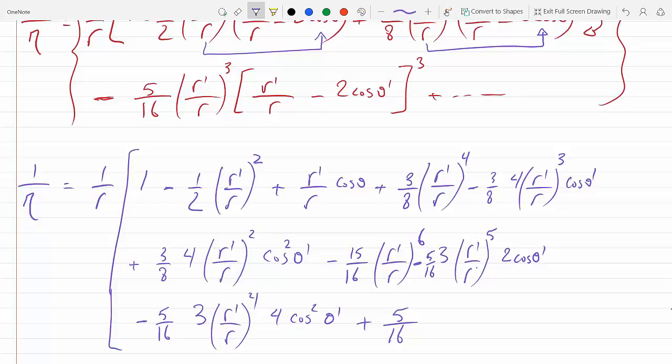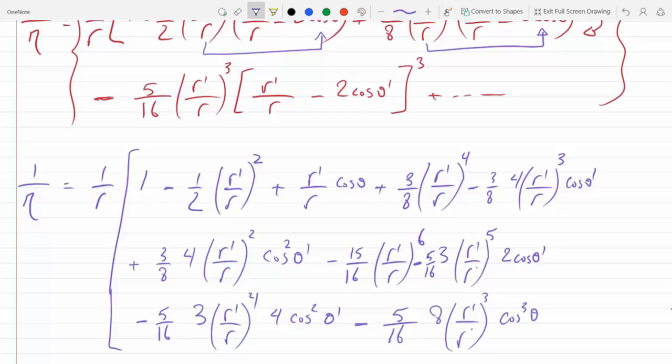wait, I think I messed up with the signs here somewhere. Wait, let me do this. So this is minus 5 over 16, r prime, so the second cube, so that's 8 times r prime over r cube, times the second cube, so we already cubed that, and then we have cosine cube theta.